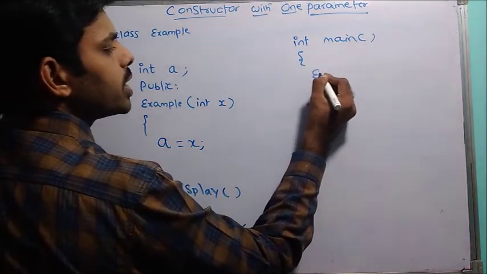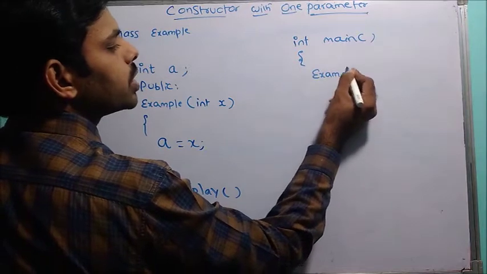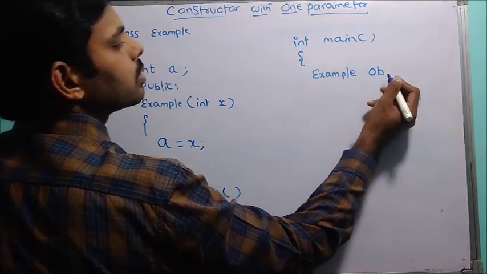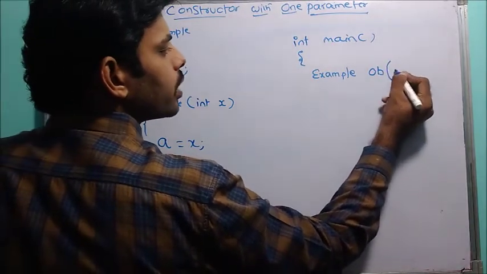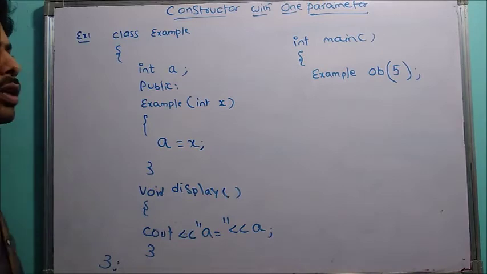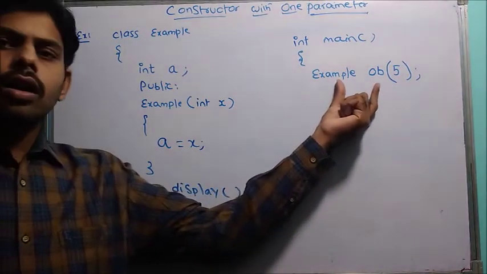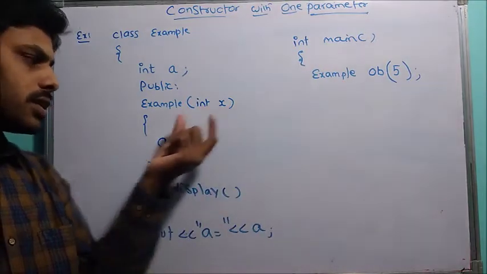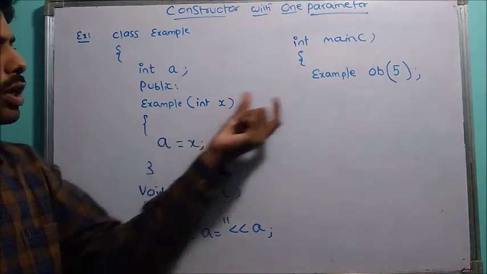So how to create objects using the class name? Example OB with one parameter 5. So how to pass parameters to a constructor? This is the concept. And how to create objects?